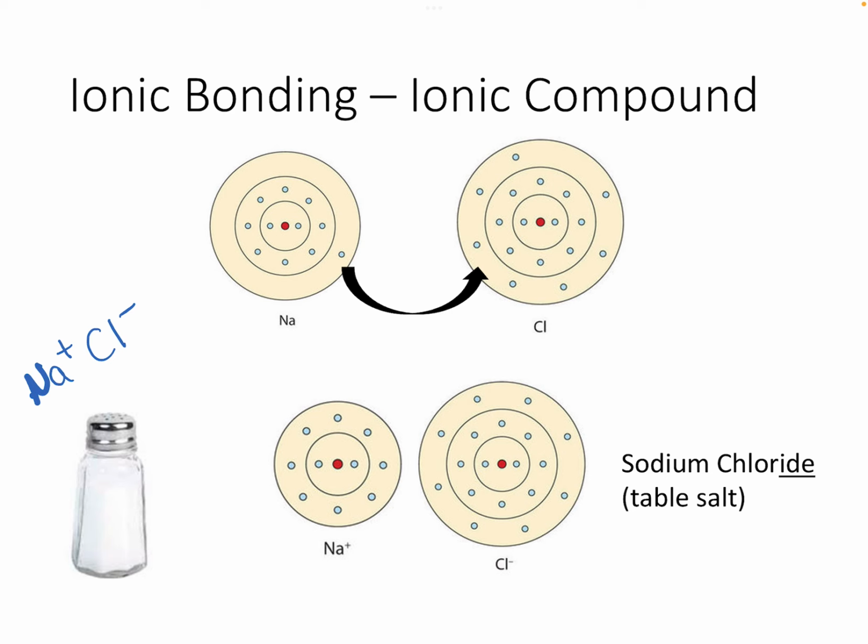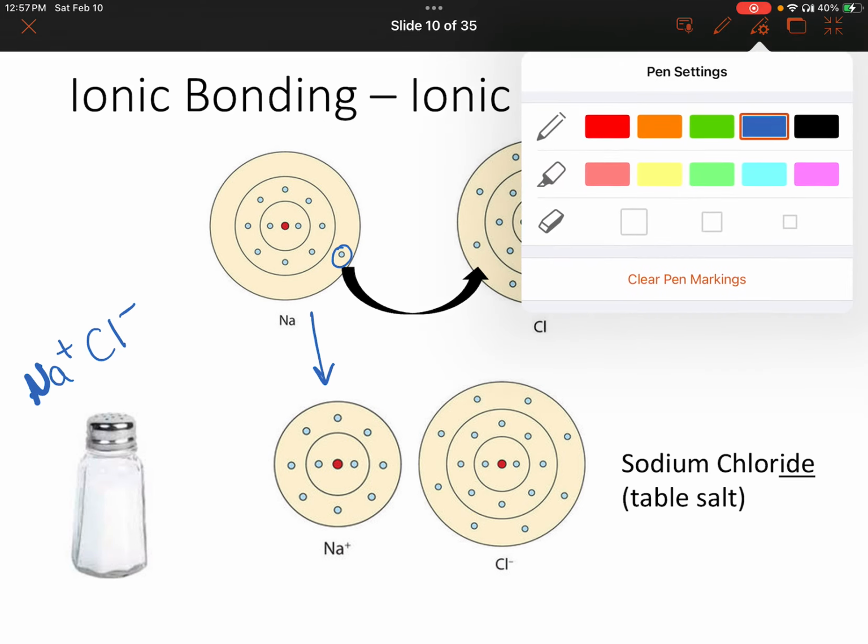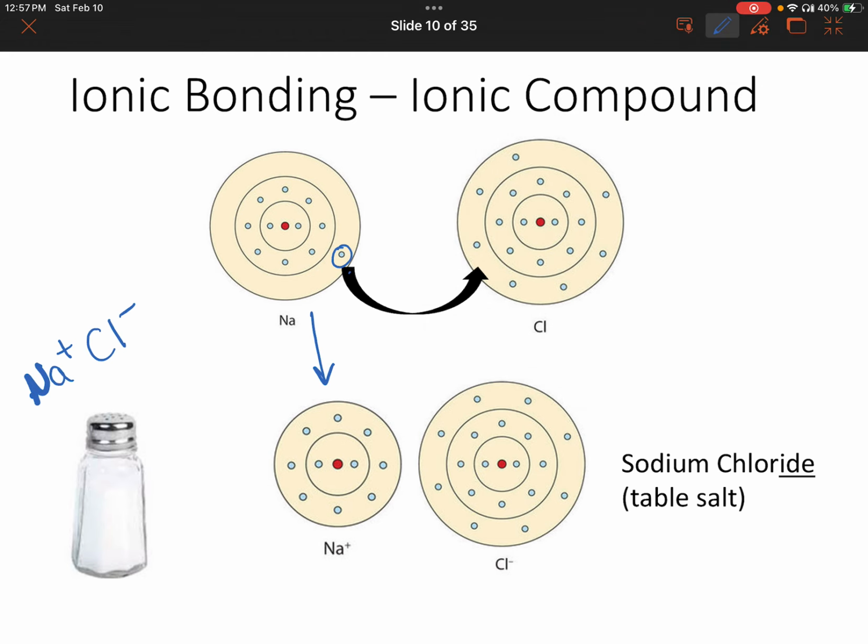Earlier we said that sodium can lose its one valence electron to become more stable. And then chlorine can gain an electron to become more stable. So these two are going to team up, and the sodium atom is going to give its one electron to chlorine, and now they're both stable.